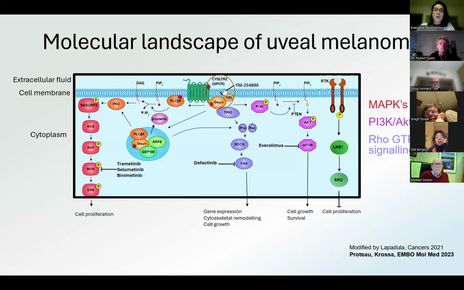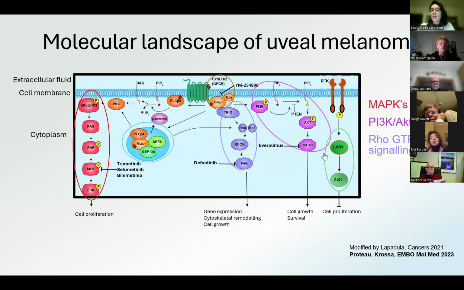They affect corresponding kinases and their pathways, such as the MAPK pathway, which is involved in cell proliferation, the PI3K-AKT pathway for cell growth and survival, the RhoA signaling, cytoskeleton remodeling and cell growth, and recently, the ARF6 that acts as a proximal node for GNAQ signaling. Although, to my knowledge, and so far from the publications, there is no ARF6 mutations in uveal melanoma.